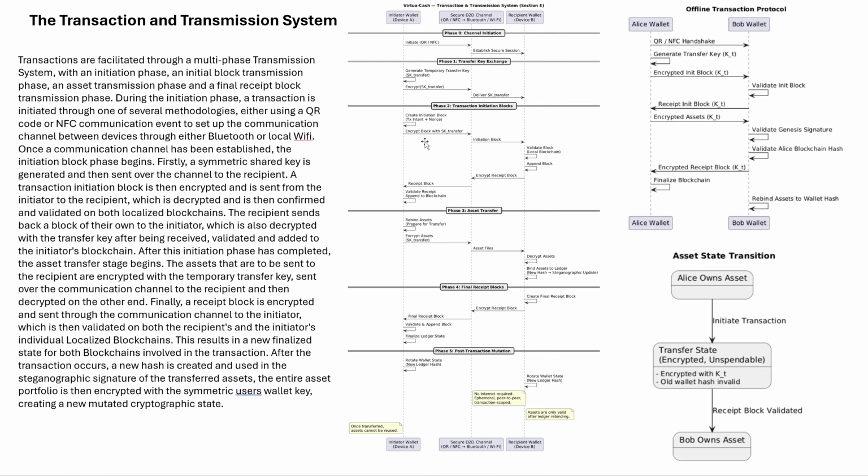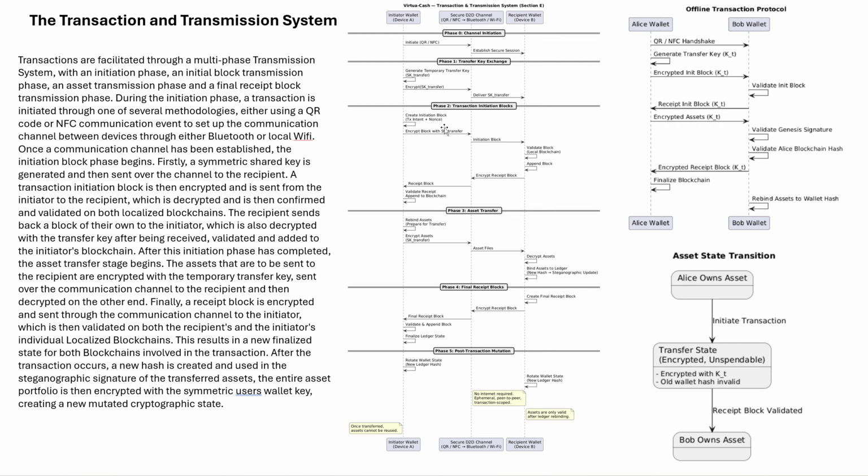Then we have phase 2, which is the transaction initiation block. This again we talked about with the blockchain transfer mechanism: I create my block, I check and validate the block on my end.